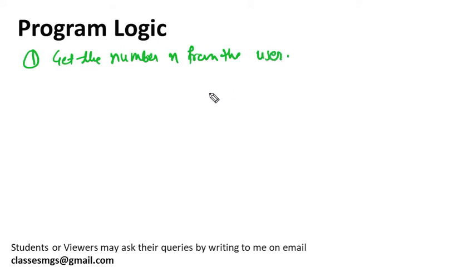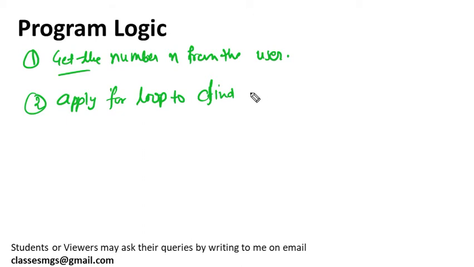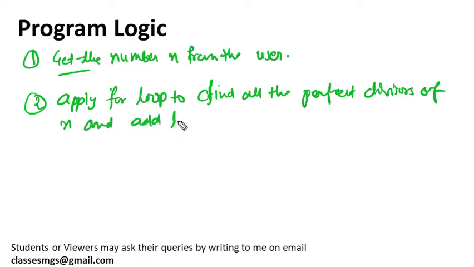Then the second thing you need to do is apply a for loop to find all the perfect divisors of n and add those perfect divisors. This is essentially what we are trying to write in the for loop.